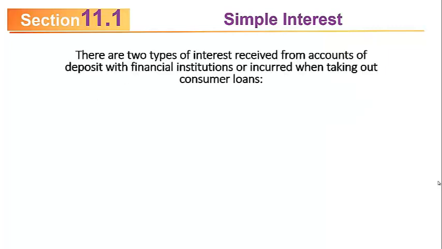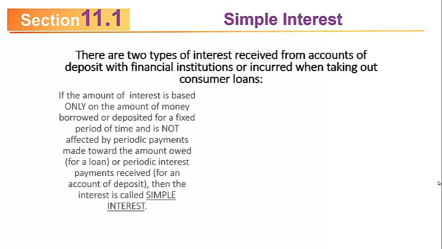There are two types of interest received from accounts of deposit with financial institutions or incurred when taking out consumer loans. If the amount of interest is based only on the amount of money borrowed or deposited for a fixed period of time and is not affected by periodic payments made toward the amount owed or borrowed, then the interest is called simple interest.